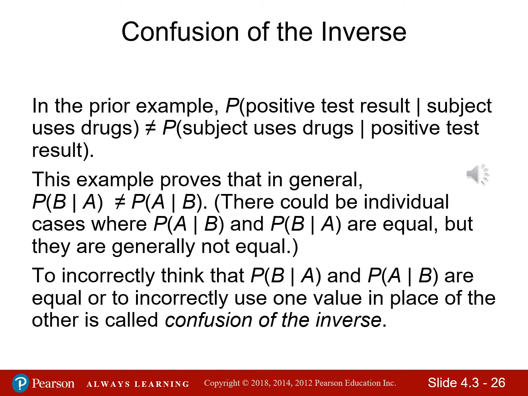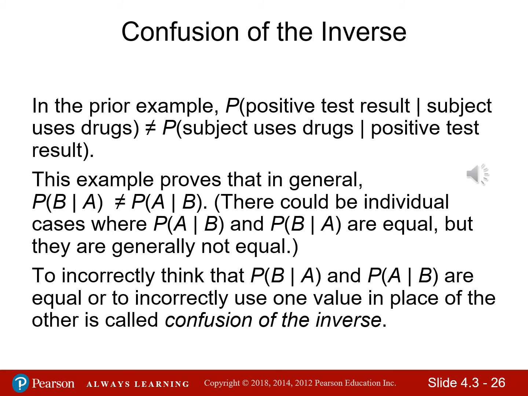So in the prior example, the probability of a positive test result given the subject uses drugs does not equal the probability that the subject uses drugs given a positive test result. This example proves that in general, the probability of B given A does not equal the probability of A given B. There could, of course, be individual cases where the probability of A given B and the probability of B given A might be equal, but in general, they are not equal.